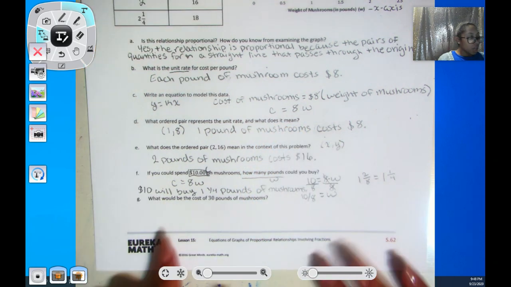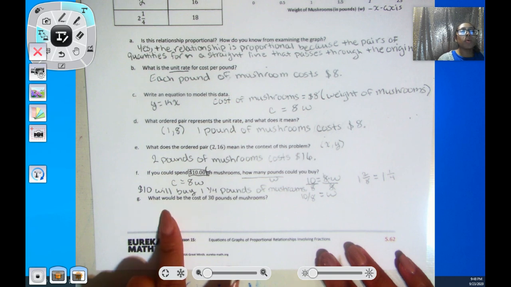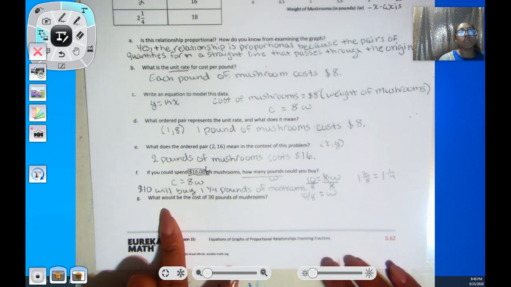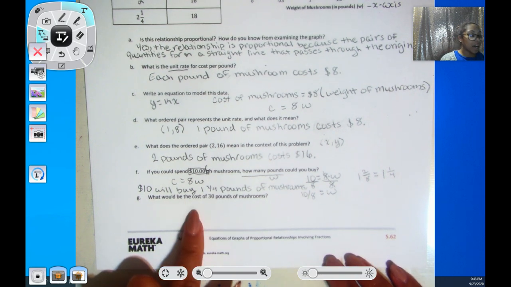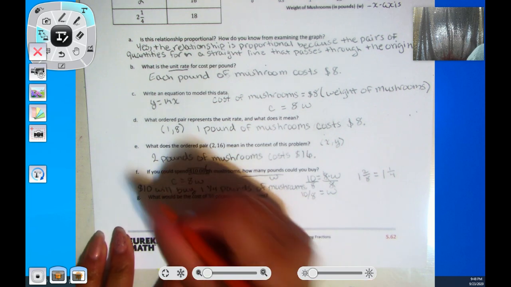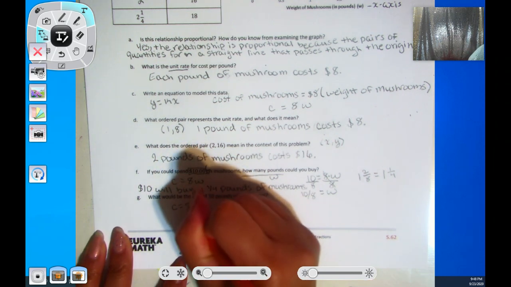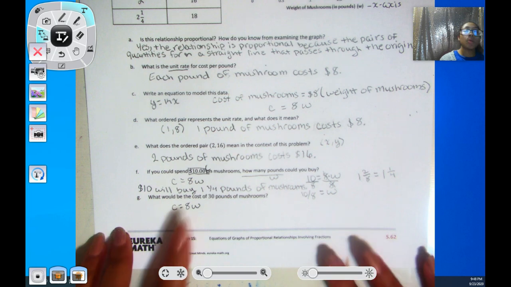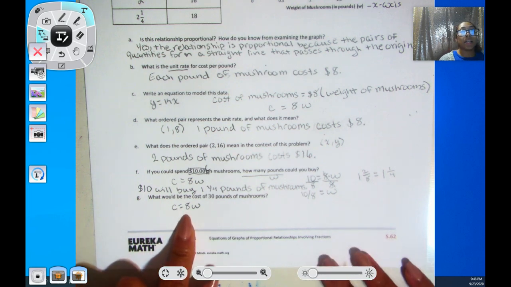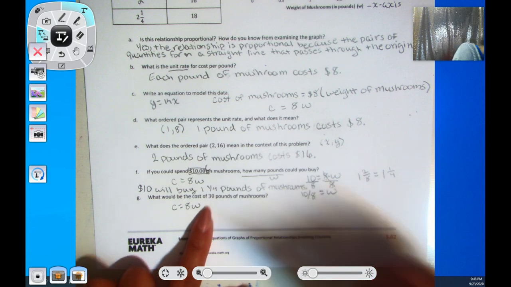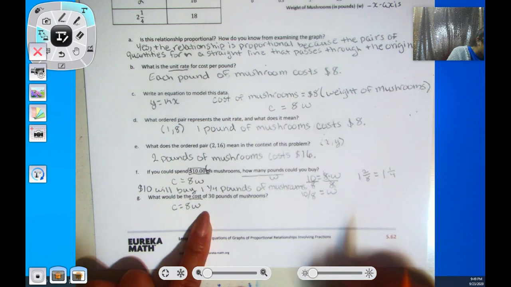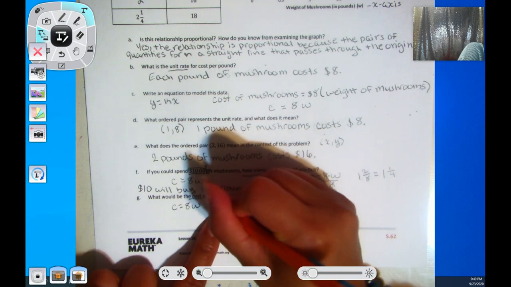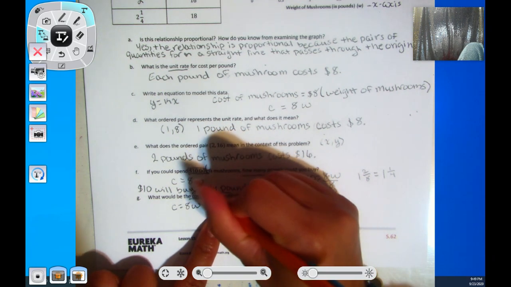All right. Last question. What would be the cost of 30 pounds of mushrooms? Well, once again, I can use that equation, C is equal to 8W, to help us find this answer. So in this problem, we're looking for the cost. But they're telling us the weight. It's 30 pounds.